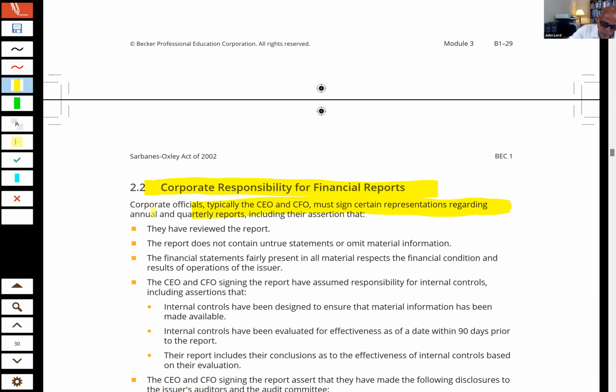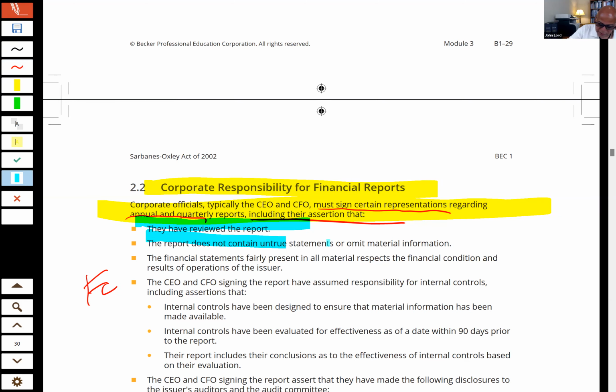The CEO and CFO are responsible for the annual and quarterly reports. They must sign and certify those annual and quarterly reports, and include assertions that, let's flashcard some of these, they have reviewed the report.